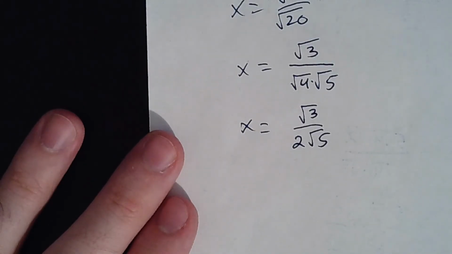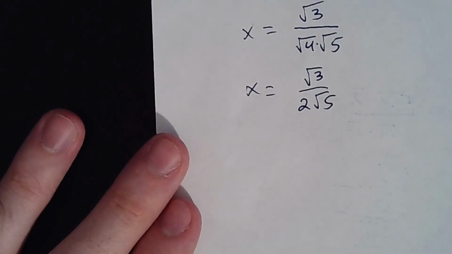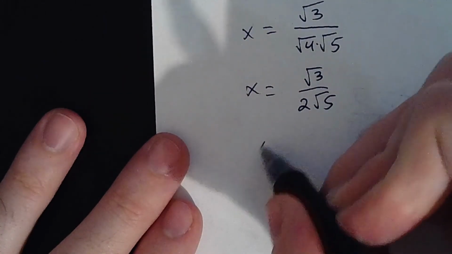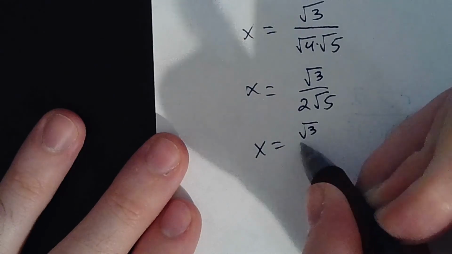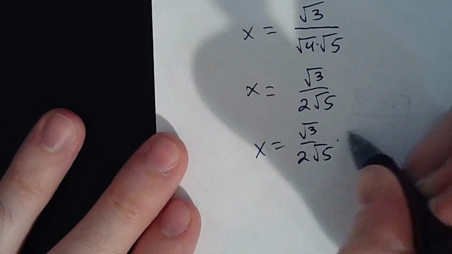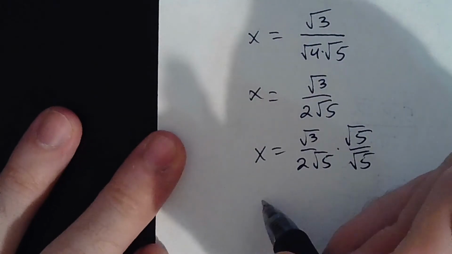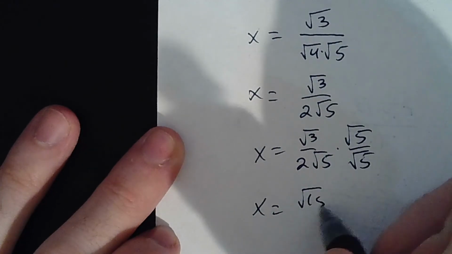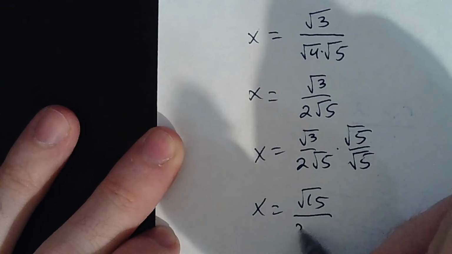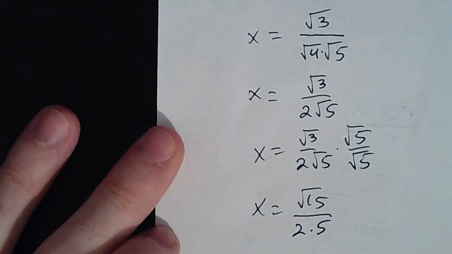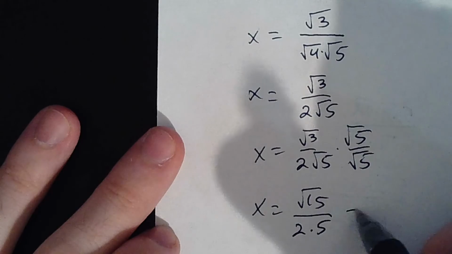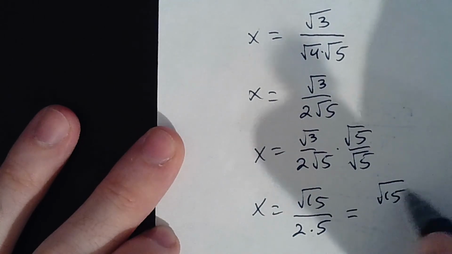Oh, running off the page there. My bad. Multiply the top and the bottom by that square root of 5. And finally, we get x is square root of 15 divided by 2 times 5. Final answer is square root of 15 over 10.